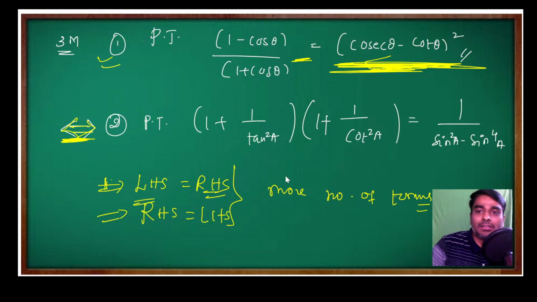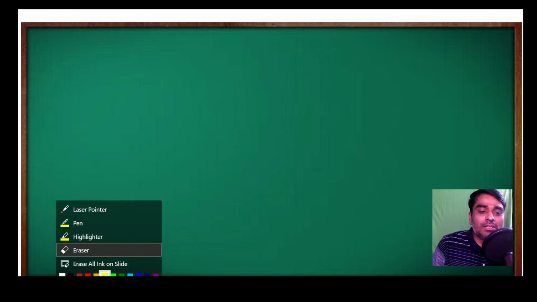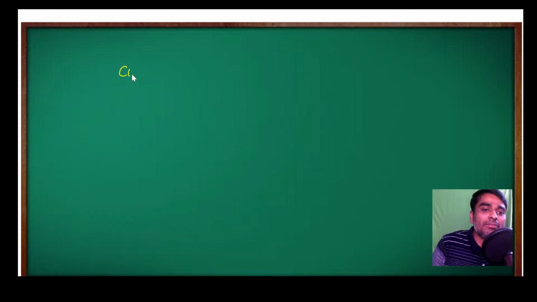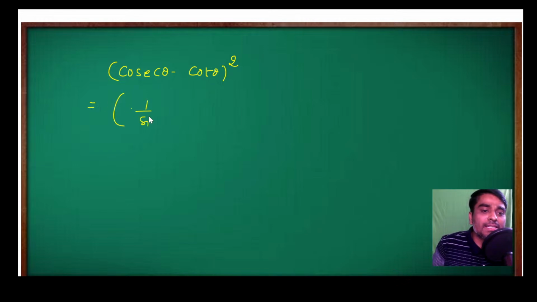We'll take cosec theta minus cot theta whole square. You can do otherwise also, but I am showing you something different. Now, what is cosec theta? 1 by sin theta, minus what is cot?